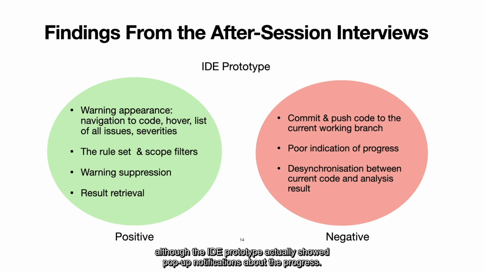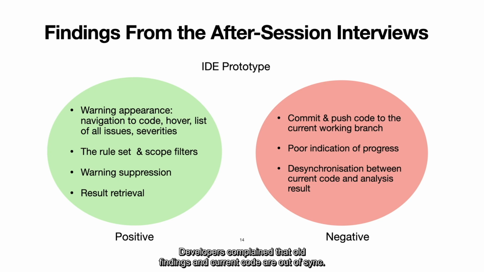Although the IDE prototype actually showed pop-up notifications about the progress, it turns out that those pop-ups were less effective in teaching developers how the prototype worked in general. If the analysis was not returning results immediately and developers' activities in the IDE were not blocked, the display of old findings and this unpredictable waiting time are basically deal breakers.